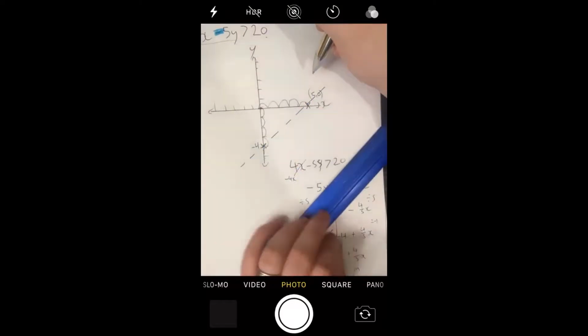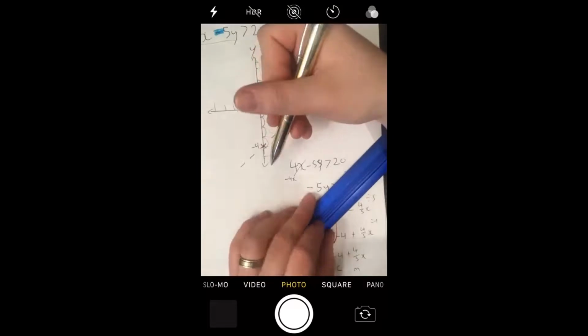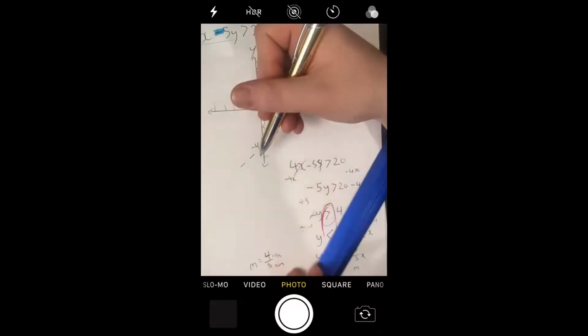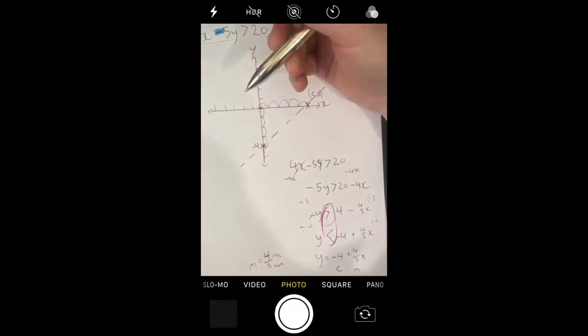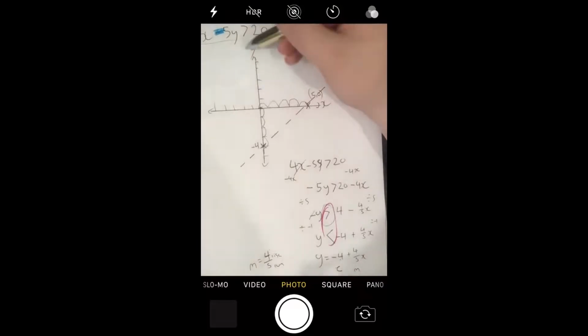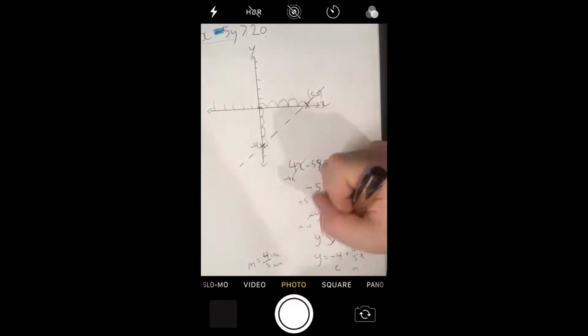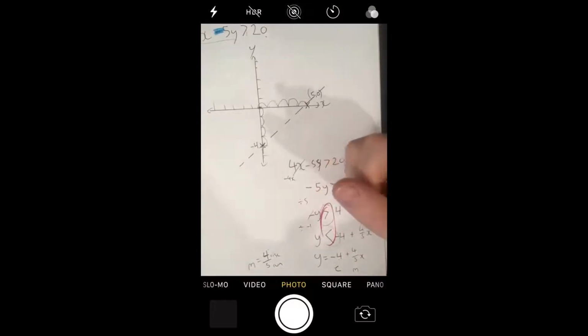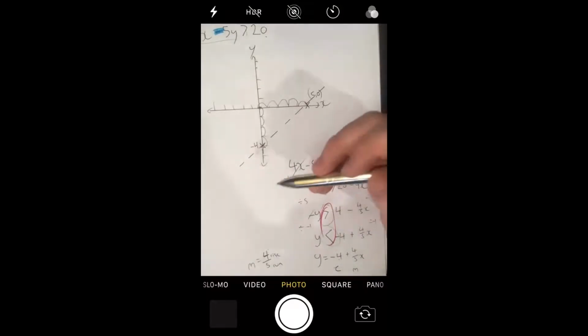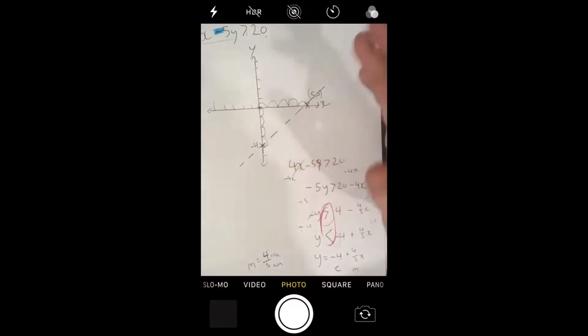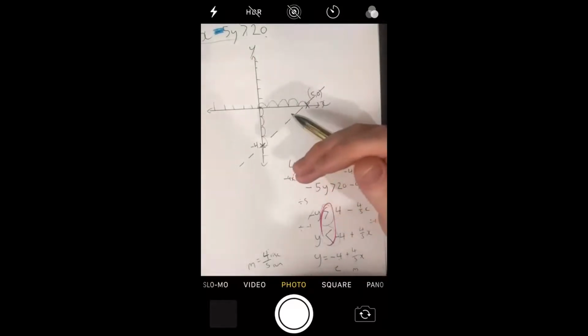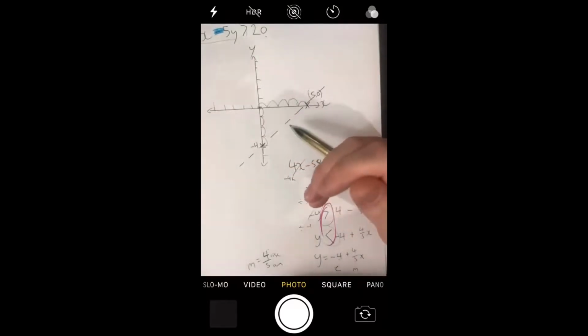The reason I make this a dotted line instead of a solid line is because it says greater than 20, or in this case it says less than this number here. Because it doesn't say less than or equal to, it means the line is not included. So I'm just going to do it as a dotted line. If it says greater than or equal to, that's when I would draw the solid line.